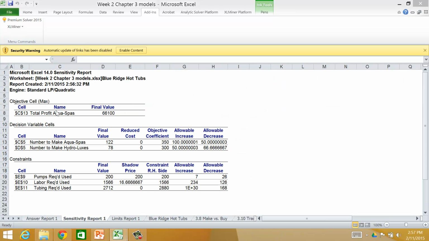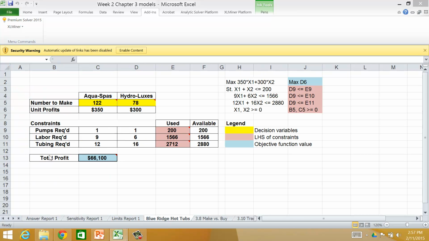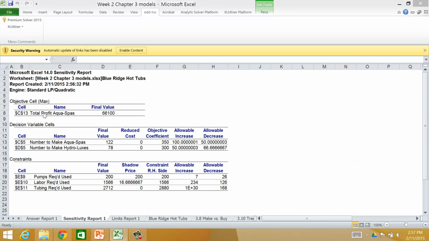It says the name is total profit. It put equals plus here because the row label is total profit and the column label is equals plus here, which is not very accurate in the sensitivity report, but we know this is the total profit part.